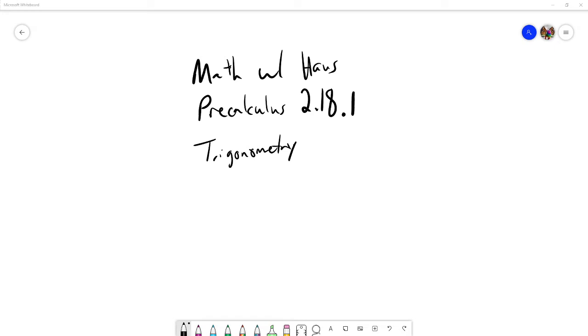We're continuing our investigation in trigonometry. What we're going to do now is work through some examples of how to come up with graphs of trig functions with their transformations.